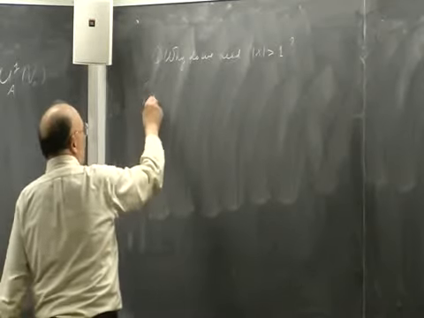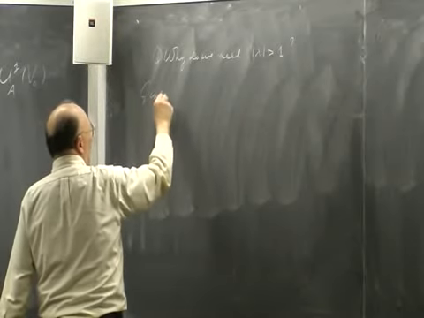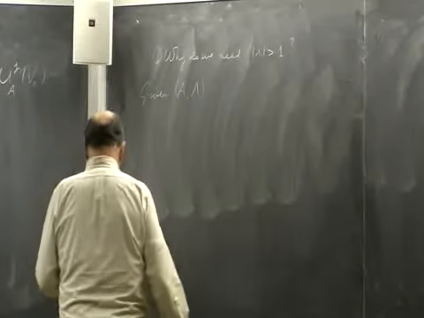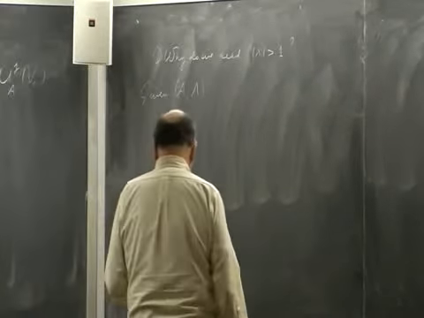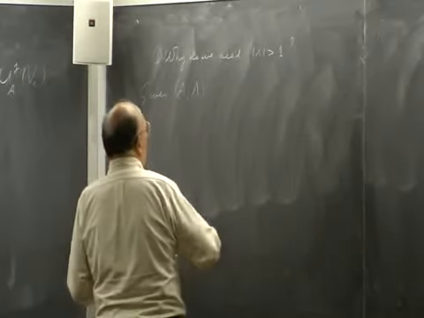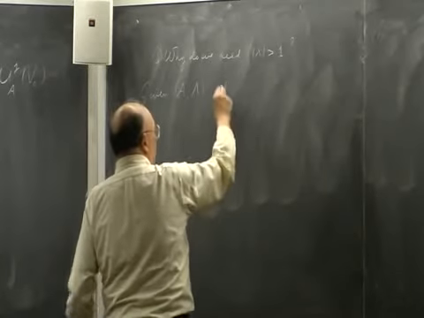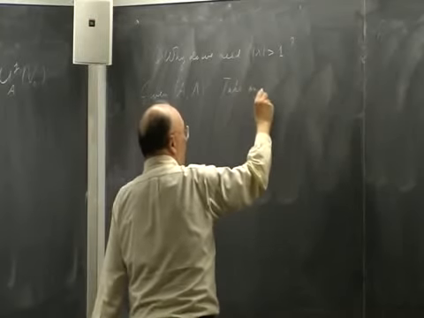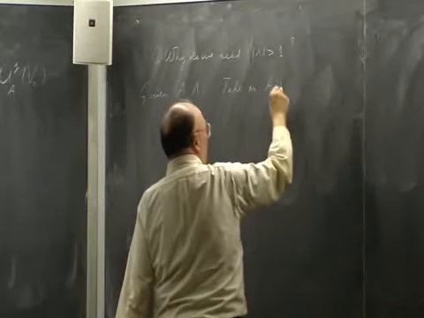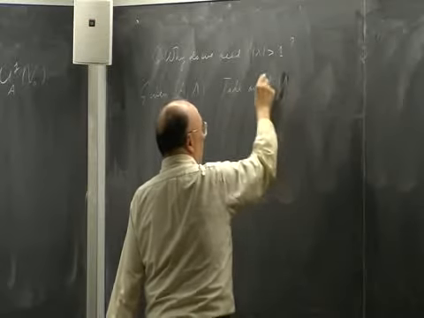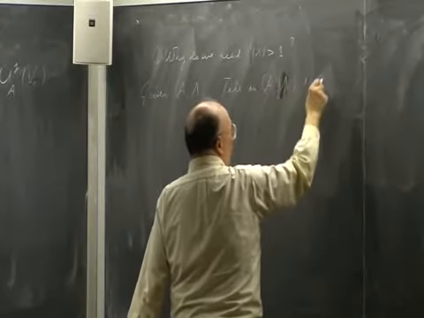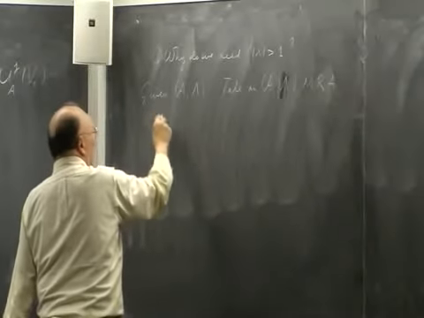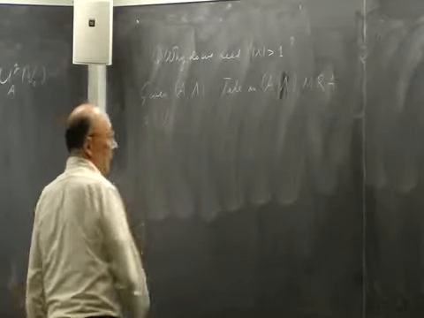So given a lambda and an A lambda MRA, phi and Vj.